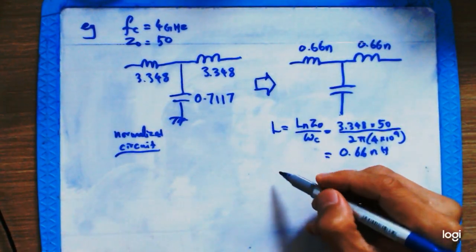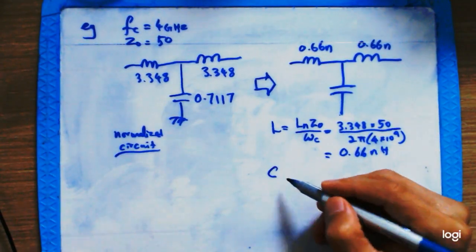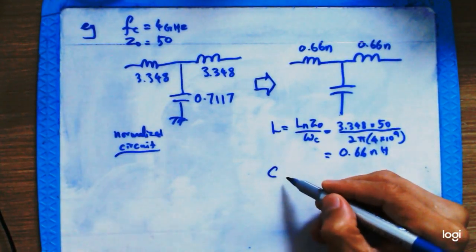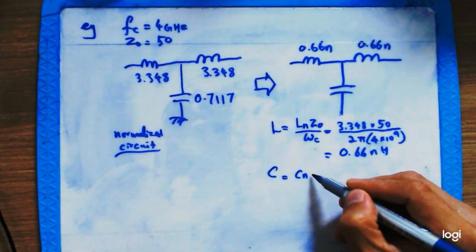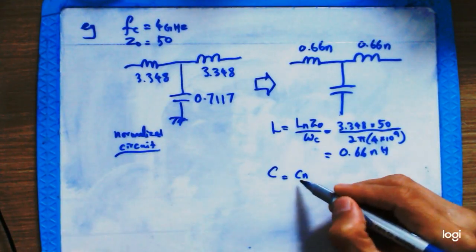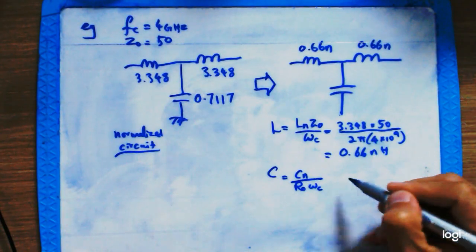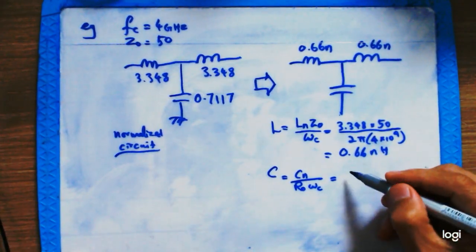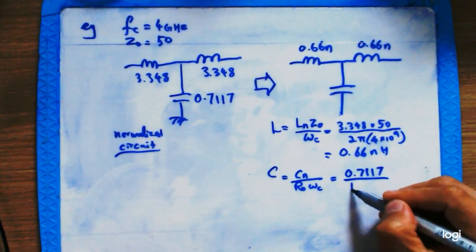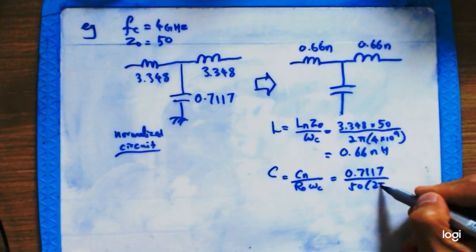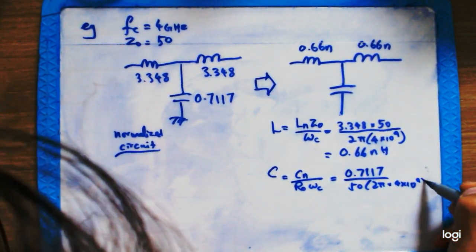And similarly, the capacitance will be equal to Cn divided by omega: 0.7117 divided by 50 and then 2 pi times 4 times 10 to the 9.